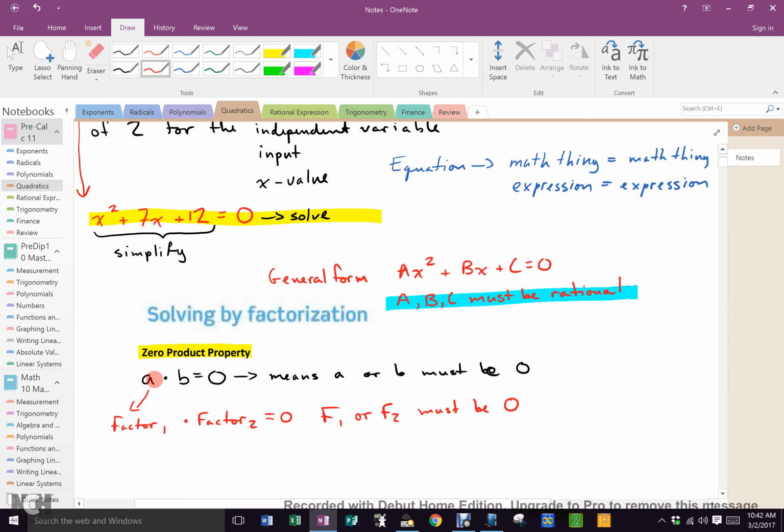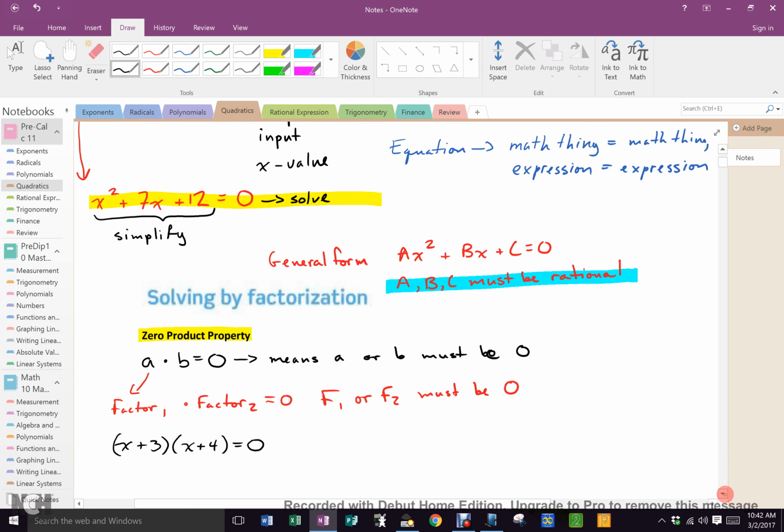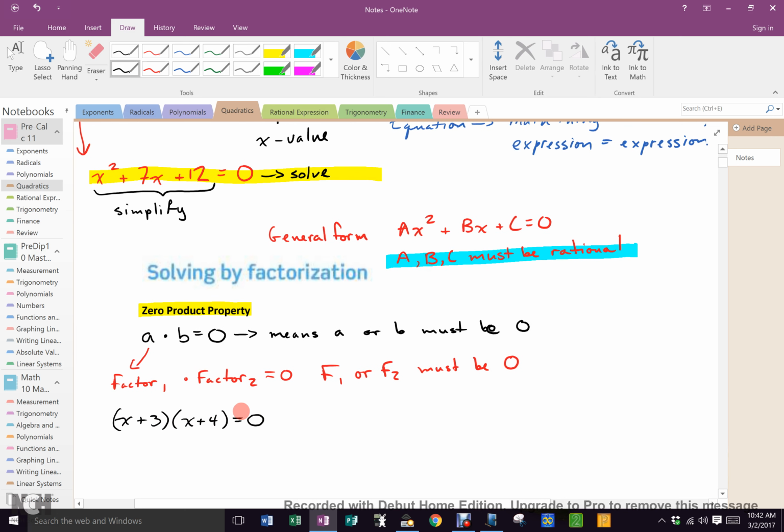If it's just single numbers, one of them has to be 0. If they're factors, one of them has to be 0. Is everybody still cool? So now let's take this knowledge one step further to this. x plus 3, x plus 4 equals 0. What does that mean?